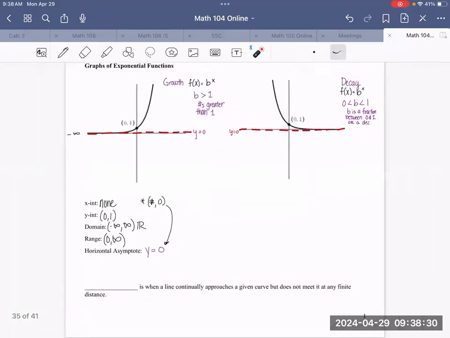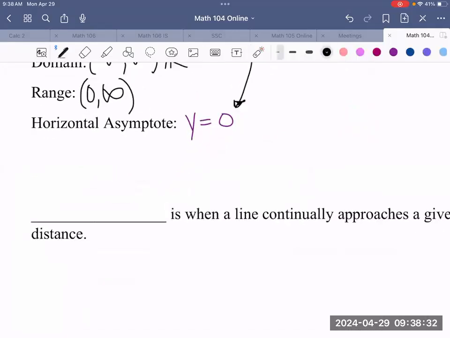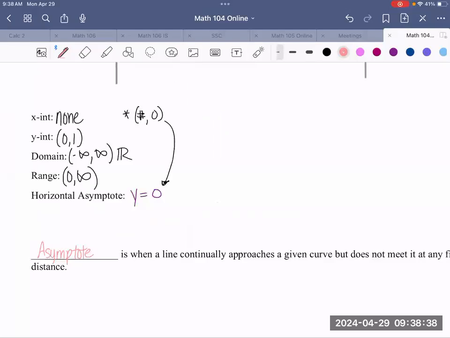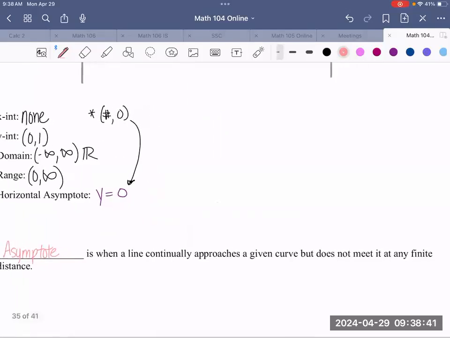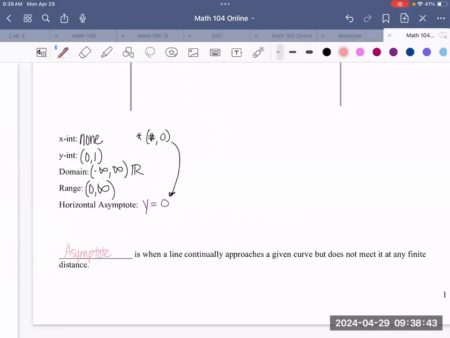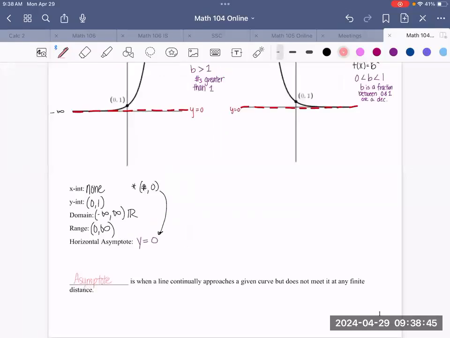Now an asymptote, as we had just talked about, is when a line continuously approaches a given curve but does not meet it at any finite distance. It just means that we cannot touch your asymptotes, which is why we have no x-intercept, which is why your range, we can kind of quote unquote start at 0, but we're not really achieving 0, just like we can't achieve infinity.